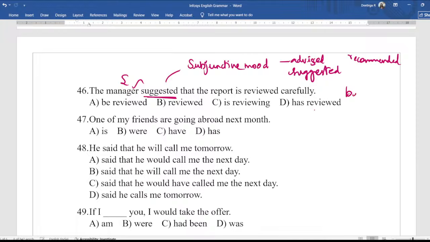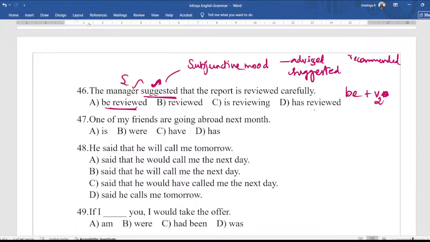You should use be plus V2. The manager suggested that the report be reviewed carefully. The manager suggested that the report be reviewed. When you encounter suggested or advised or recommended in the subjunctive mood, you have to use be plus V2. Remember that. This is a rule.